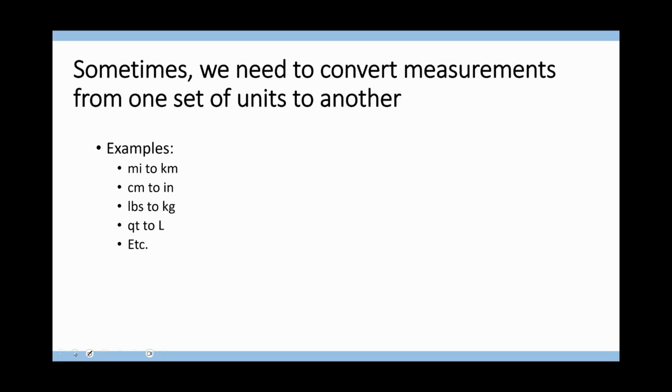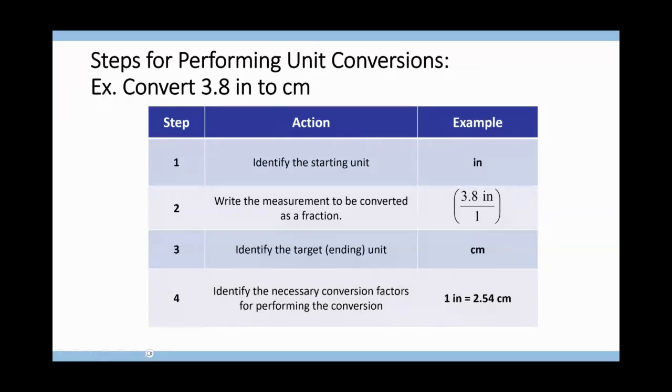So we'll go through an example to explain how to set up these conversions, and then a few examples that you should try on your own. So let's say we're trying to convert 3.8 inches to centimeters. In any case, we start by identifying the starting unit, so that is inches, and we write the value that's provided in that unit as a fraction.